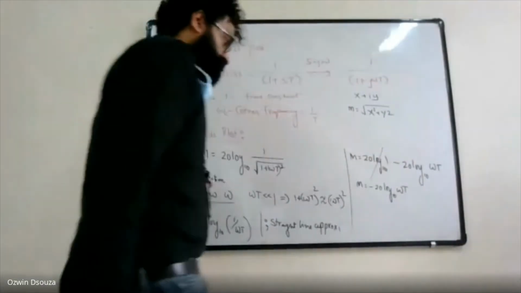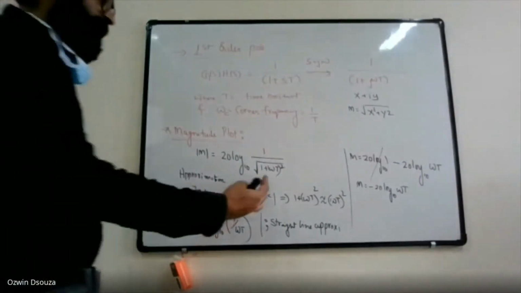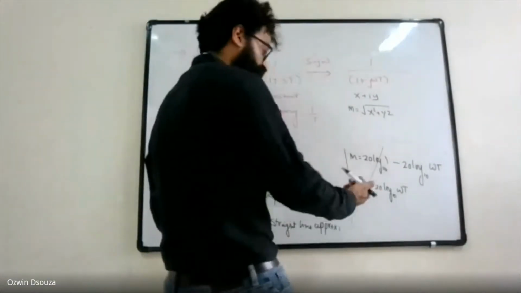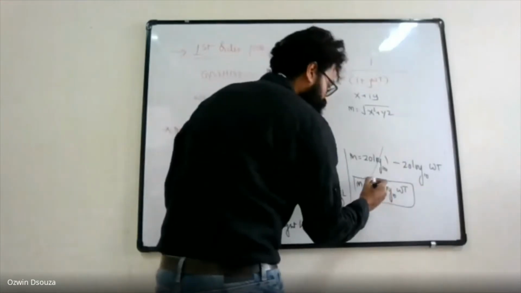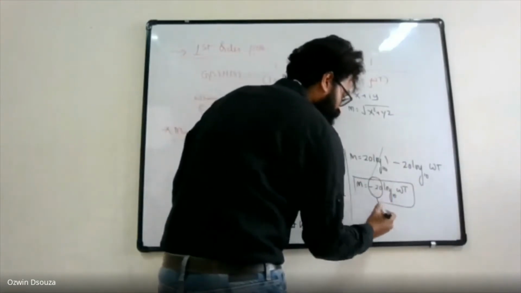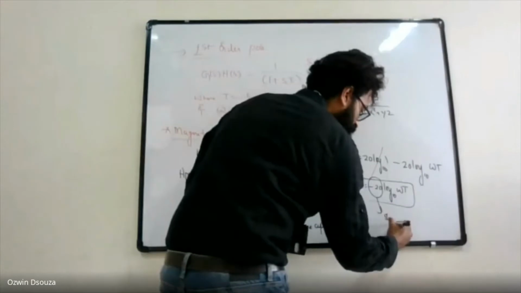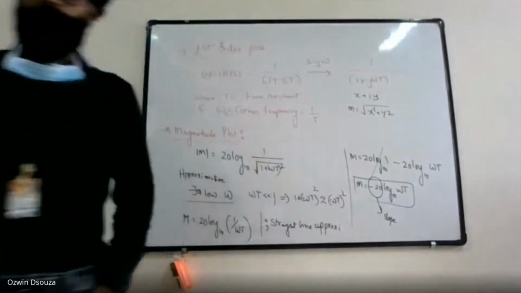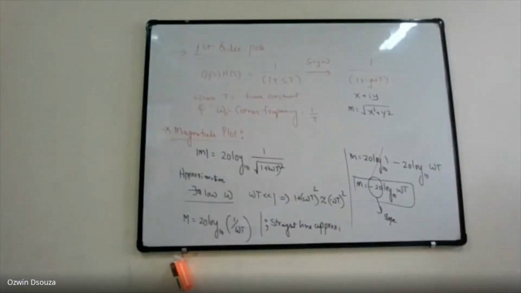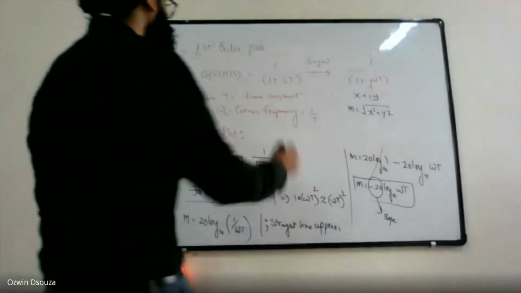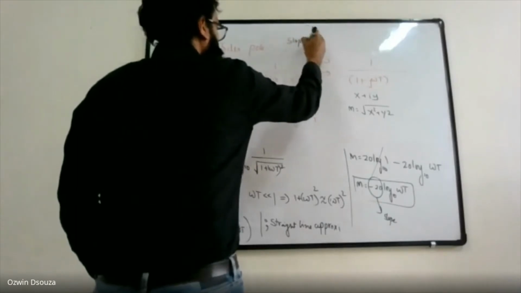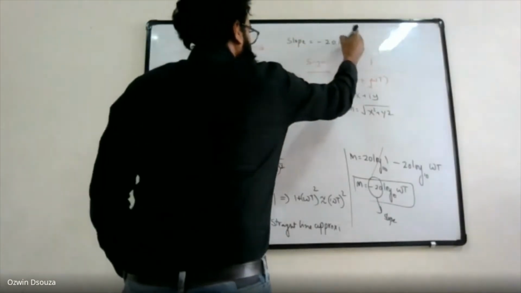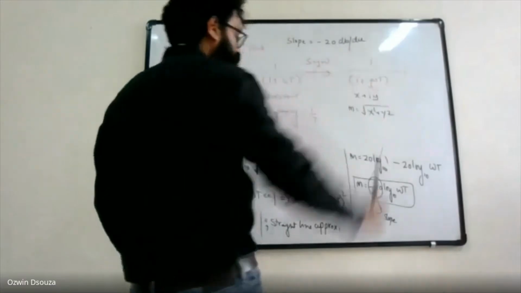Now, if you look at the equation, you can clearly extract the slope from it. And what is the slope value? Slope value is minus 20 decibel per decade. So basically, your first order pole gives a slope which is equal to minus 20 decibel per decade.